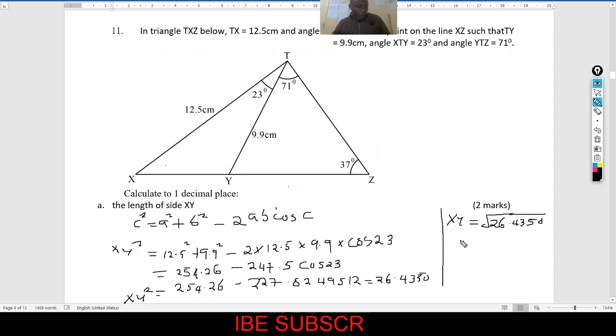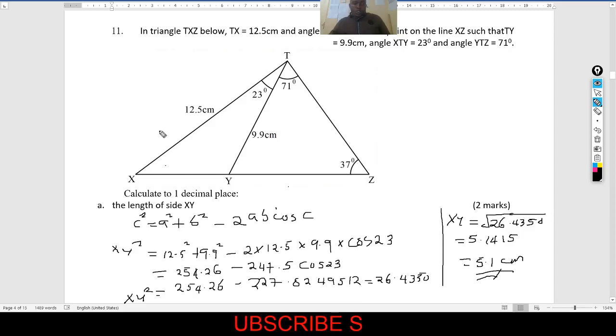You find the square root of that and it gives you 5.1415. We are asked for one decimal place, so that is equal to 5.1 centimeters.